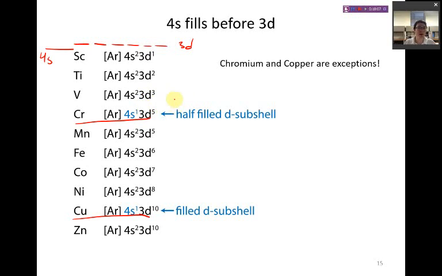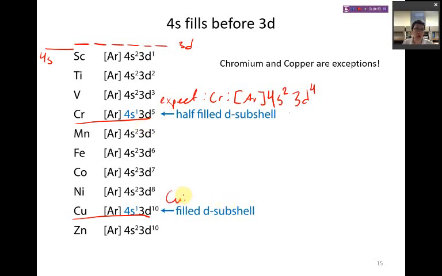We would expect for chromium to have argon 4s2 3d4. But studies of the electronic structure of the chromium atom have determined that in fact it is 4s1 3d5.